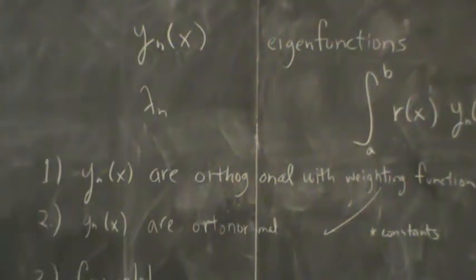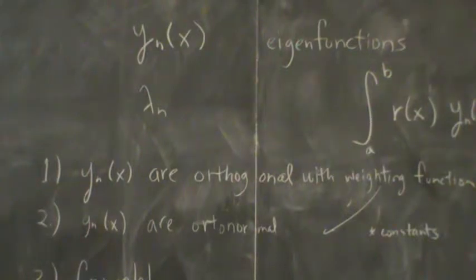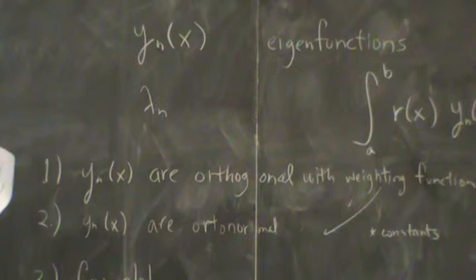These solutions, once I've found them all, are complete. Meaning that I can't find another function not made up of those functions that is orthogonal to those, that I found them all, right?